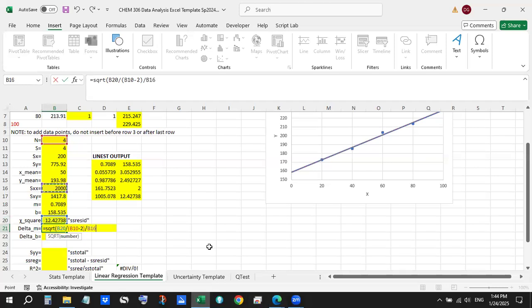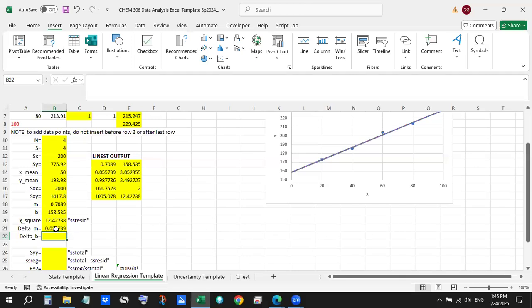Sxx is 2000 here, and then close parenthesis. Okay, so dividing by n minus 2, and you're also dividing by Sxx. If you want, you can put B10 minus 2 and B16 in parentheses, and then you multiply them. You should get the same result. Okay, so that is your delta m.